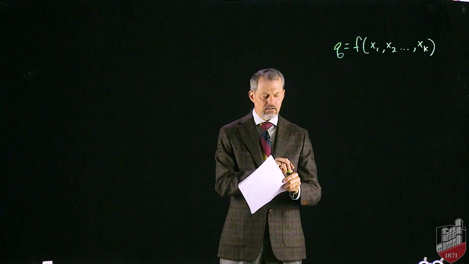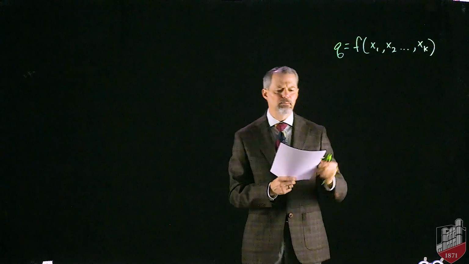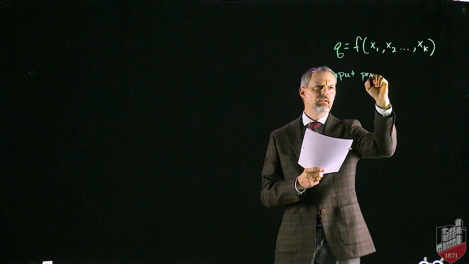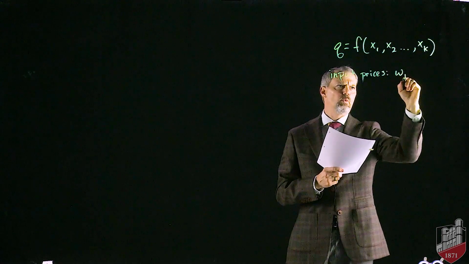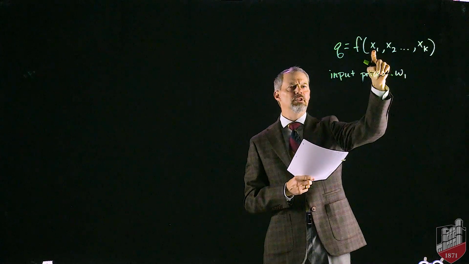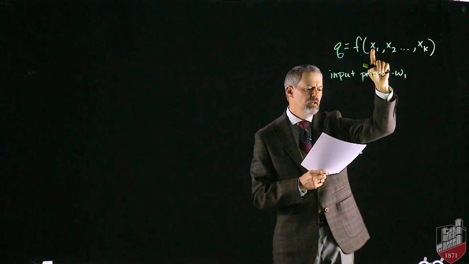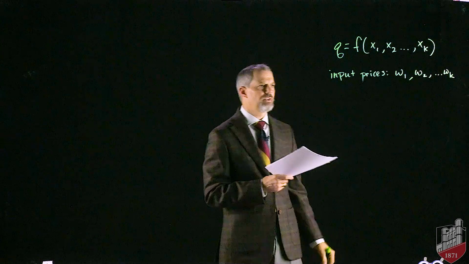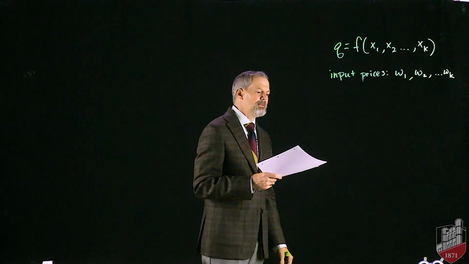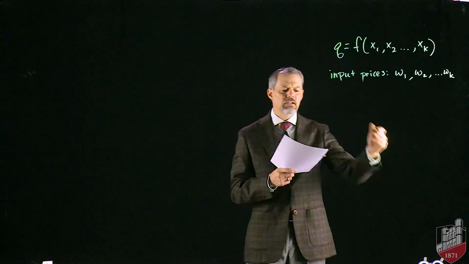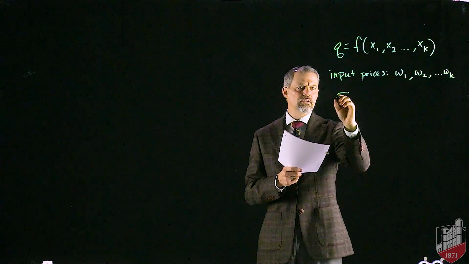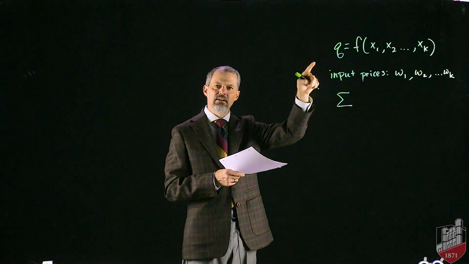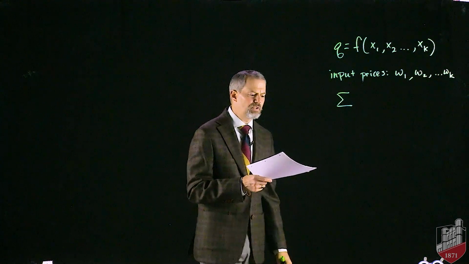If we think about W's to represent input prices, we could have W1, that would be the price of a unit of input X1, and we could have W2 up to WK. So there are our inputs. And if we think about the cost of production, then the cost of production would be the sum over 1 to K of the price times the amount of the input that the firm uses.